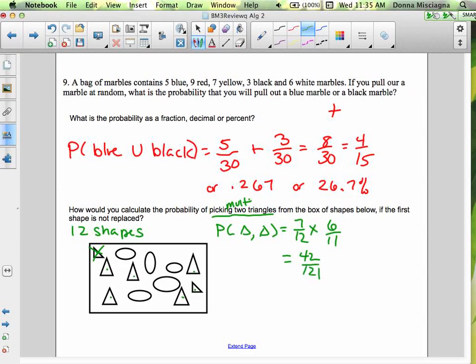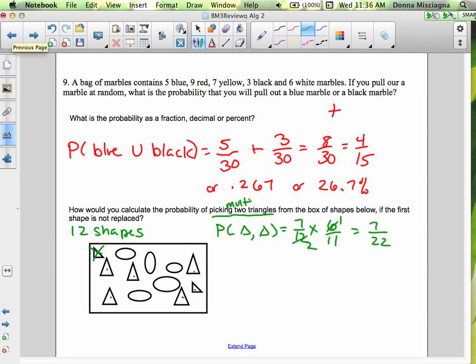Wait, no, that's 11 times 12, 132. Oh, and I could have reduced that, which I should have reduced at the beginning. I would have made it easier for myself if I just divided both of those by 6. Let's just do that so I don't have to reduce the other one. And that would give me 7/22.